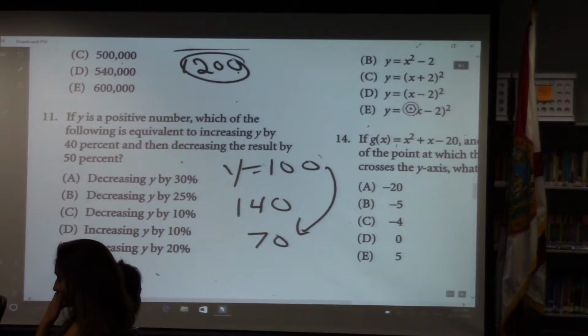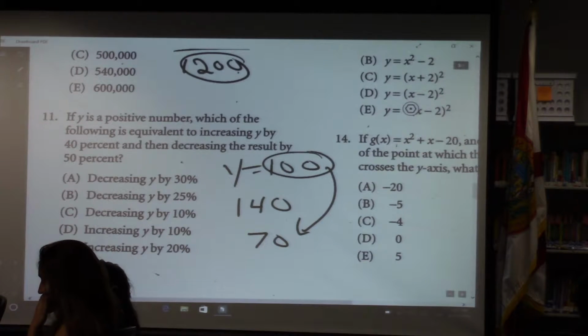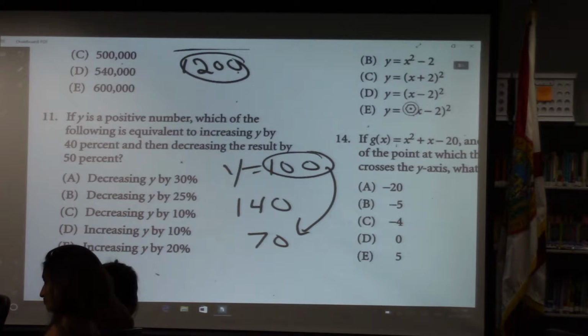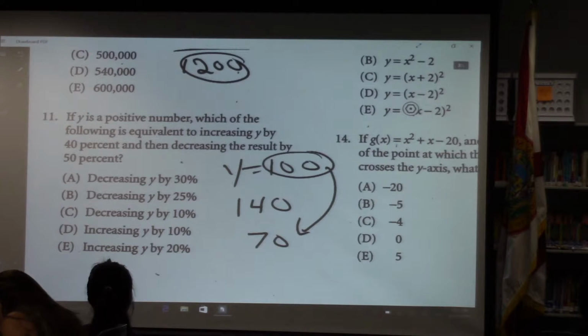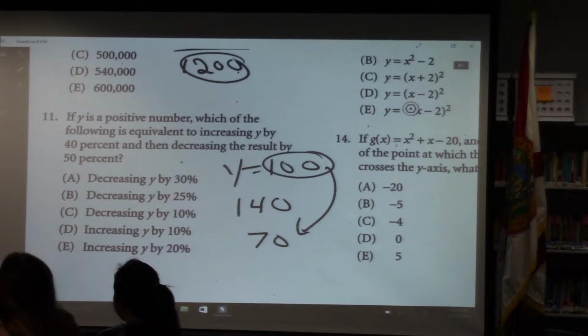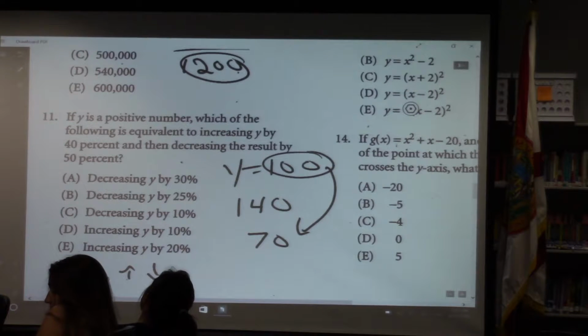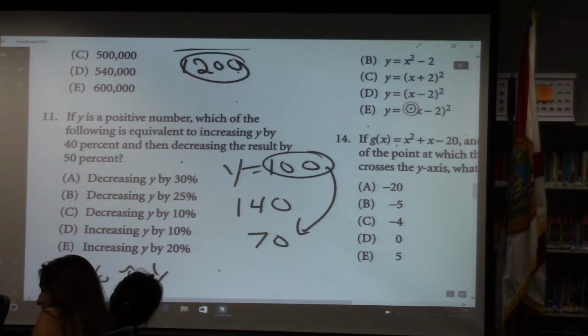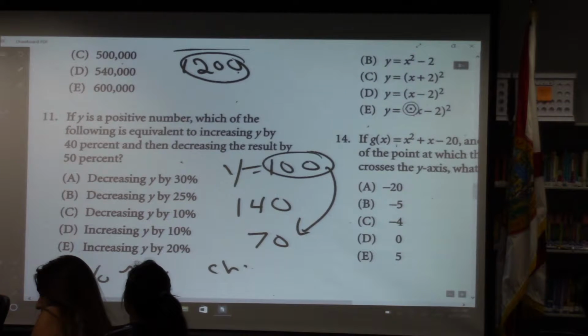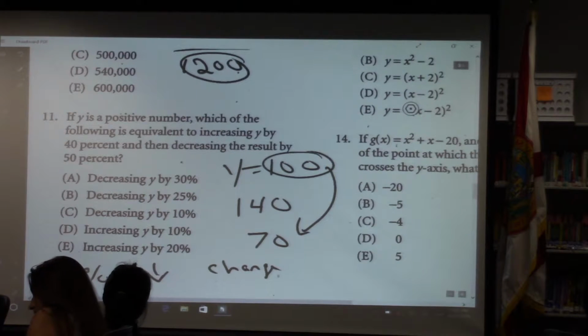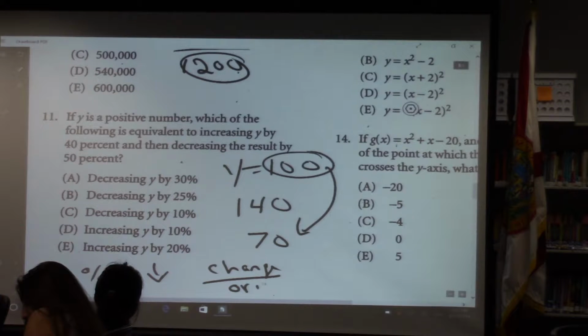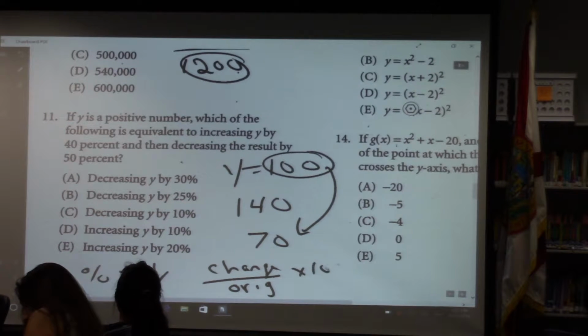And again, because we started with 100, there's no further calculation needed. The difference itself is the percent change. If we were starting with a different number, then we would have to calculate it, okay? And while we're at it, just write down the formula, just to have it in case you didn't know it. Whenever you want a percent increase or decrease or change, it's going to be the change over the original times 100.